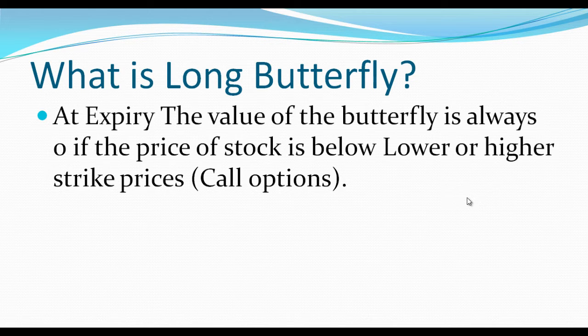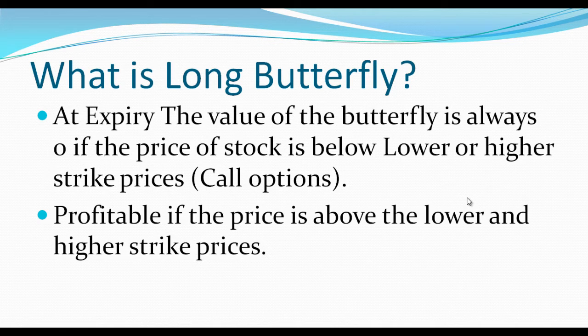Because basically your loss is the initial net debit that you paid, 30-50 cents, whatever that is. So the butterfly is designed to be 0. Only the debit premium that you paid upfront is lost, and you cannot lose anything else. So the value of the butterfly is always 0, nothing extra.